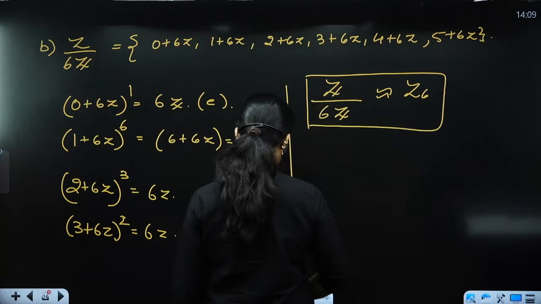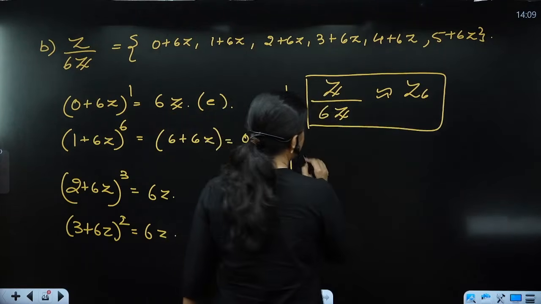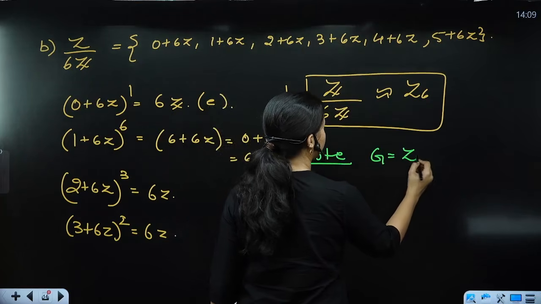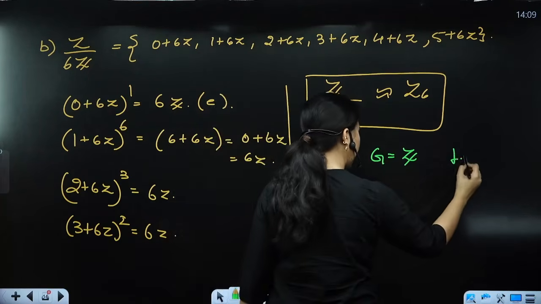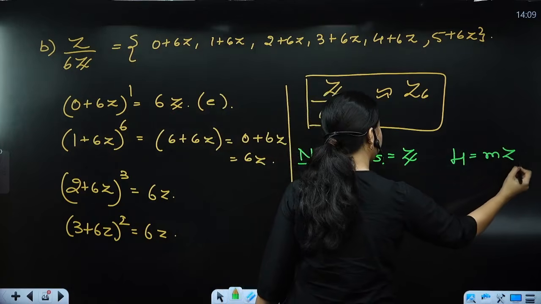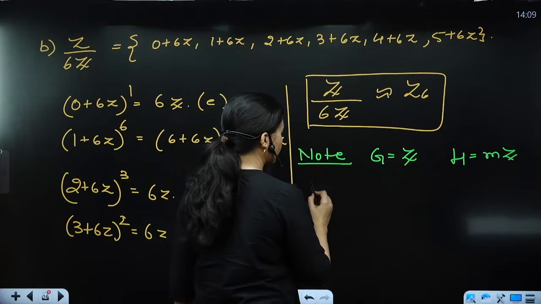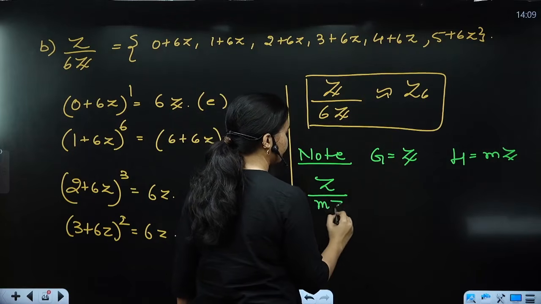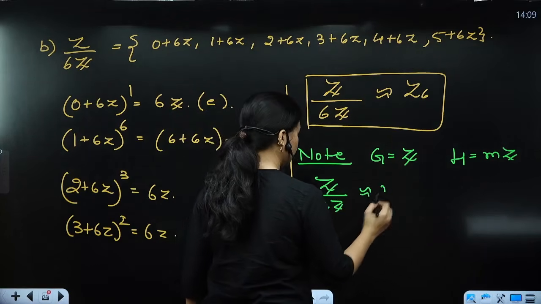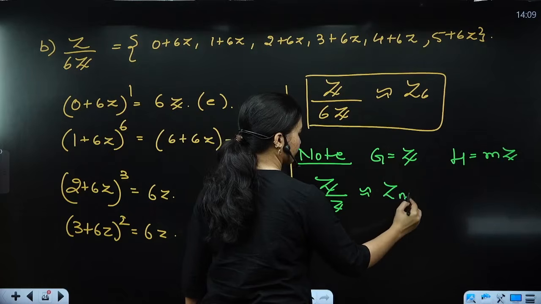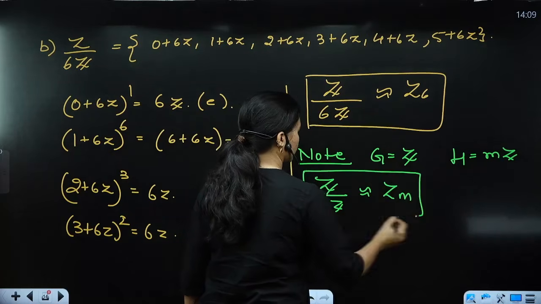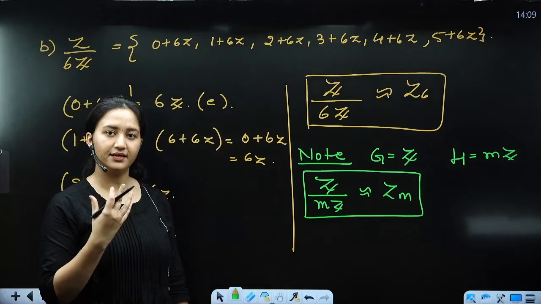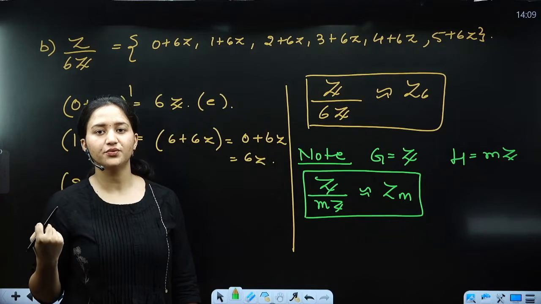right? So this gives us the result here: if you take Z to be your set of integers and you take any subgroup of the form mZ, what is going to happen? The factor group Z upon mZ is going to be isomorphic to Zm, right? Also note that Z is a cyclic group, so the factor groups are also going to be cyclic.